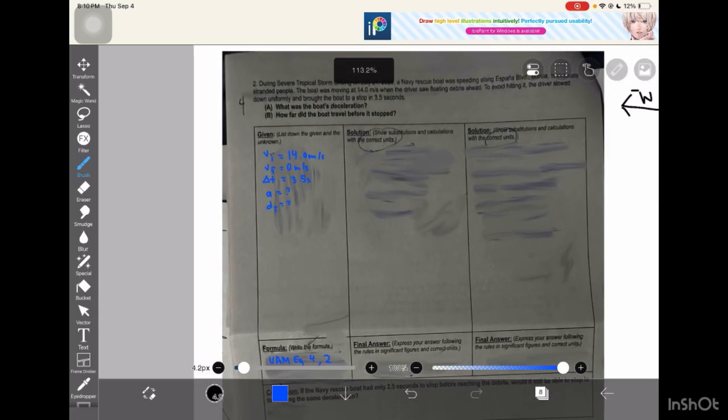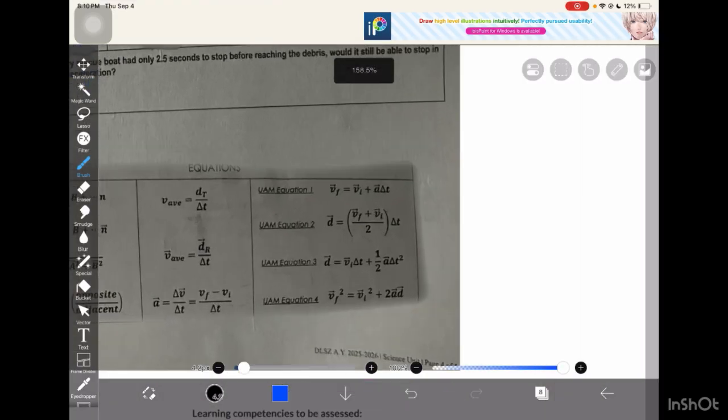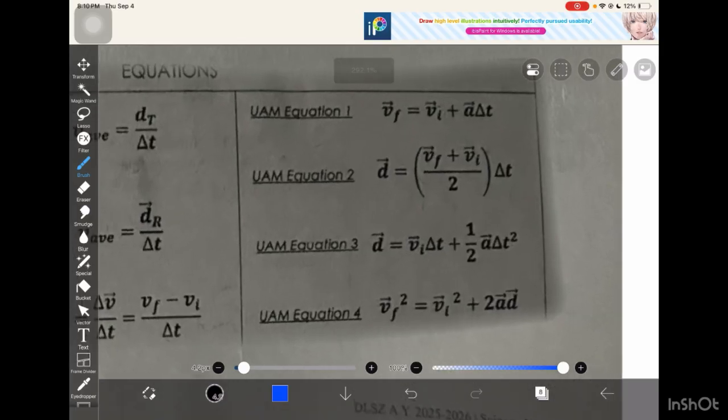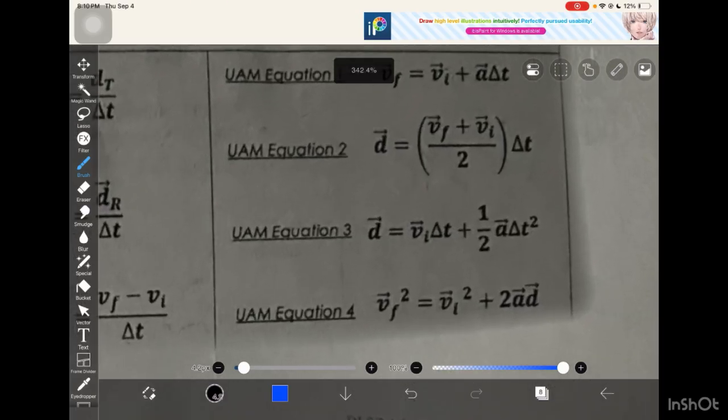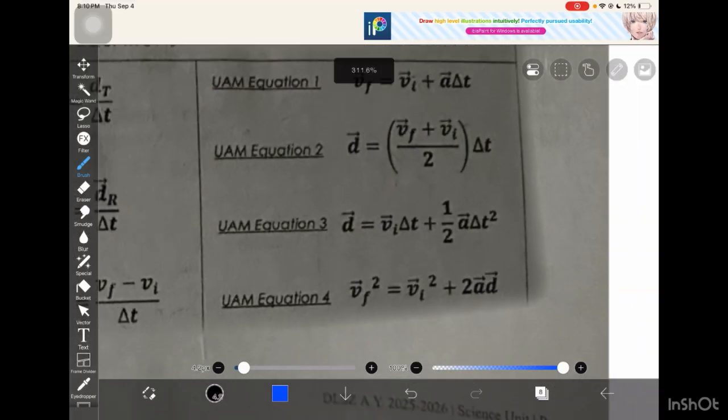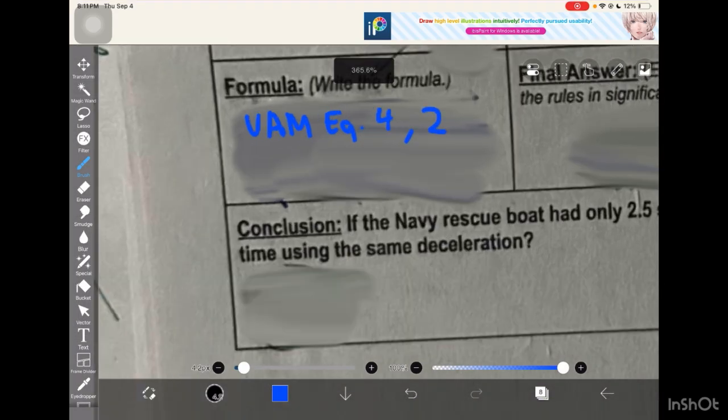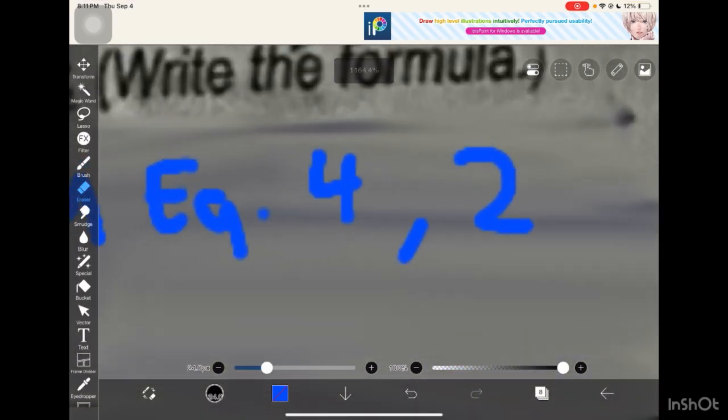What was the boat? Yeah, the boat's deceleration. Wait, we can't use... I just realized, sorry. It's supposed to be UAM equation 1 and 2. I just realized that.